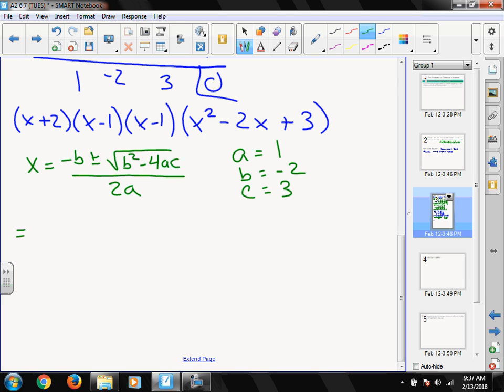So that means it's going to leave me with a positive 2 plus or minus the square root of negative 2 squared minus 4 times 1 times 3, all over 2 times 1.